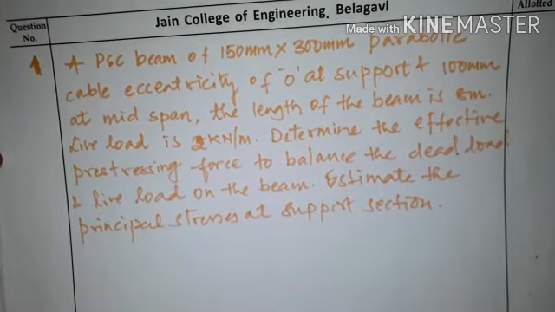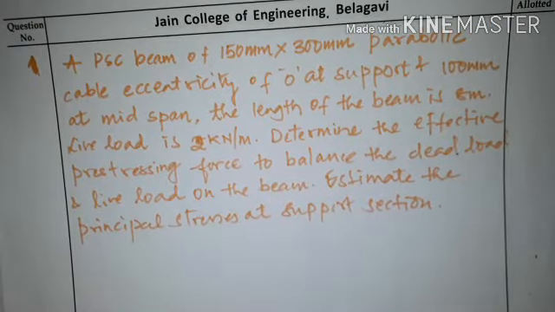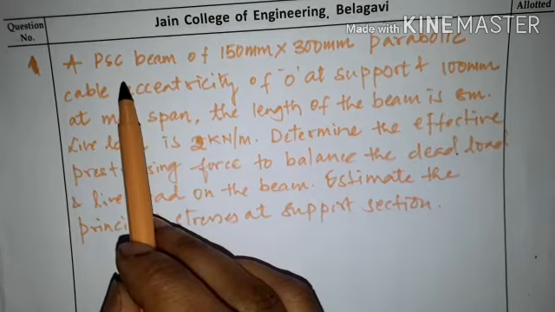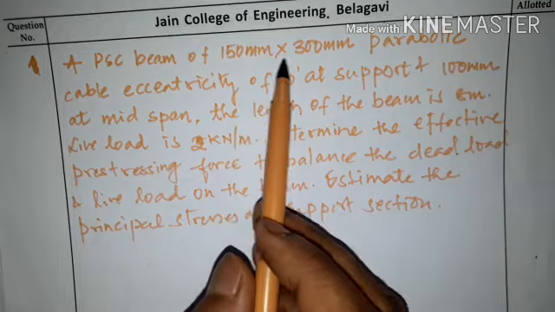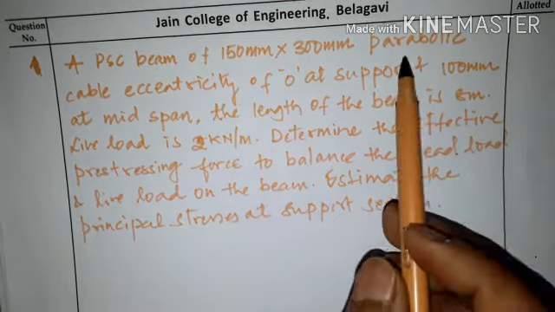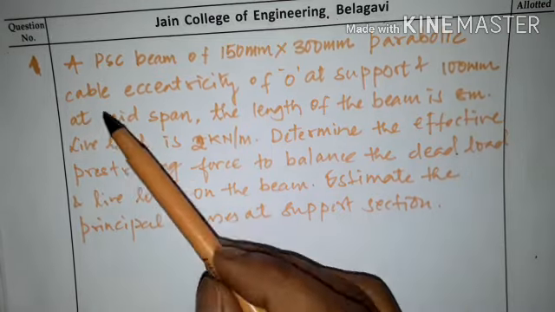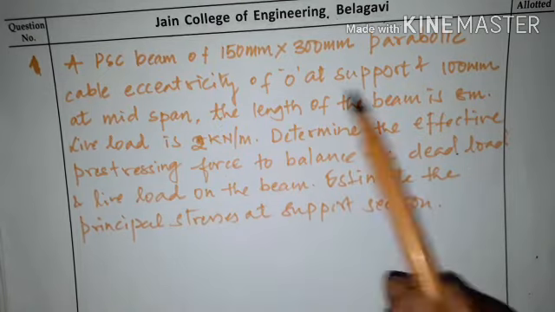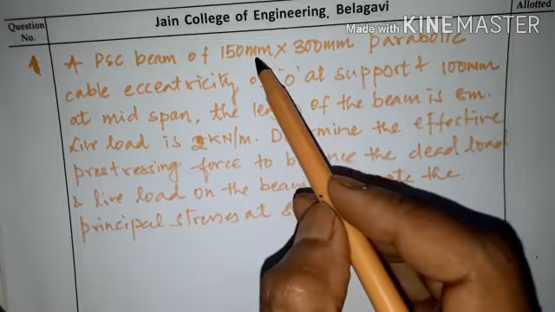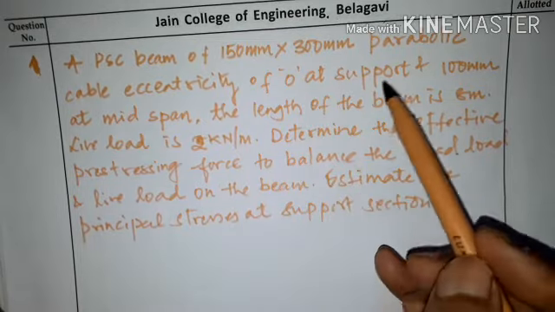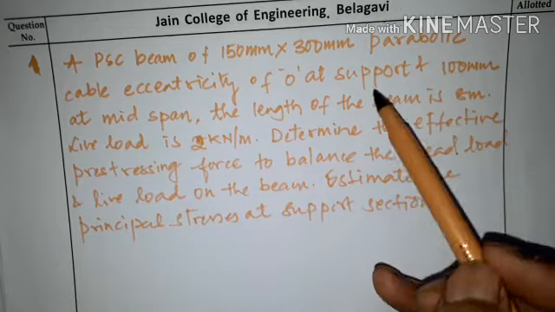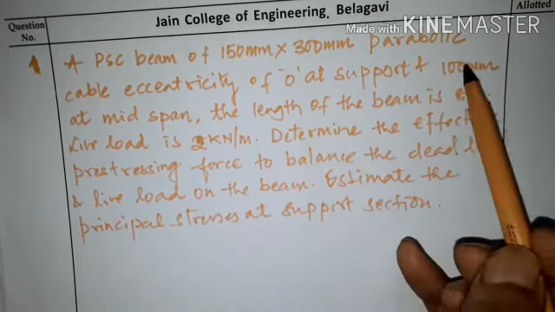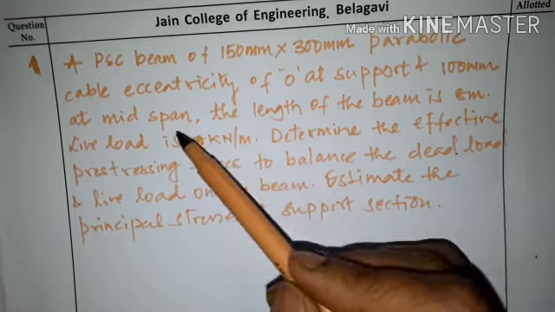So here in the problem it is given a pre-stressed concrete beam of 150 mm by 300 mm, parabolic cable, eccentricity of 0 at support and 100 mm at midspan. So the size of beam is 150 mm by 300 mm, and the cable profile is parabolic with 0 eccentricity at support and 100 mm at midspan.